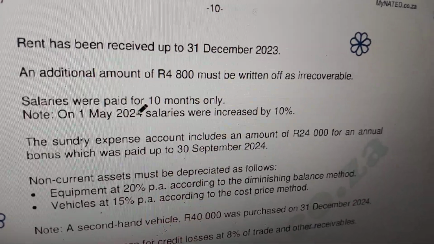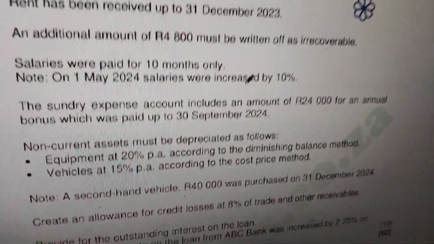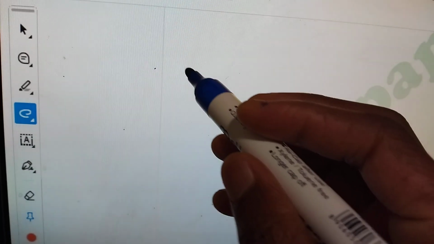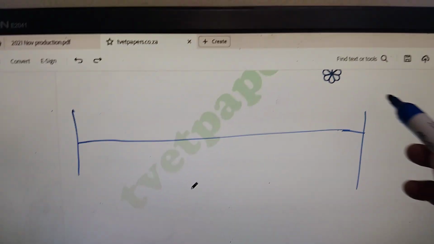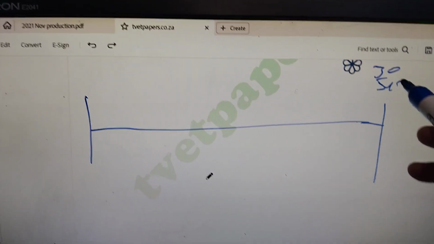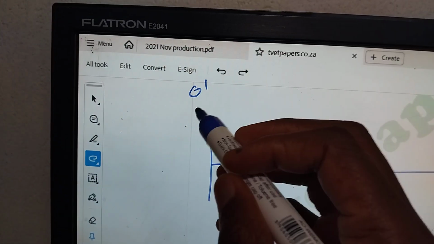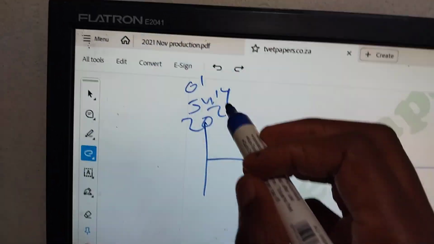Salaries were paid for 10 months only. Note on 1 May 2024, salaries were increased by 10%. So the financial period is very important. So we're going to key in our financial period. It ends on 30 June 2024, and starts 1 July 2023.